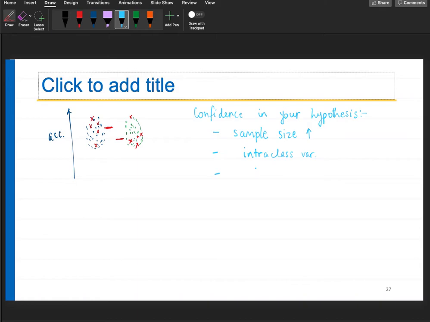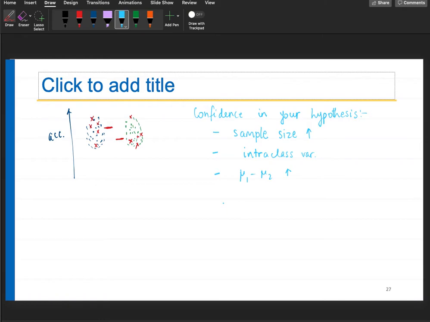Even if this difference is a little smaller, I will still be confident that, given a huge sample size, it is doing better. But if your sample size is small, then confidence will go down. So basically delta mu, or let's say mu1 minus mu2, if this increases, then your confidence will go up.